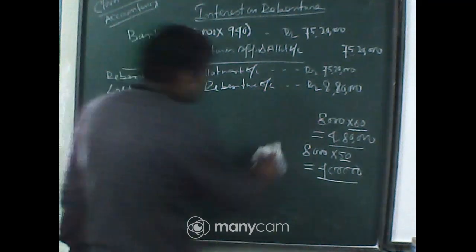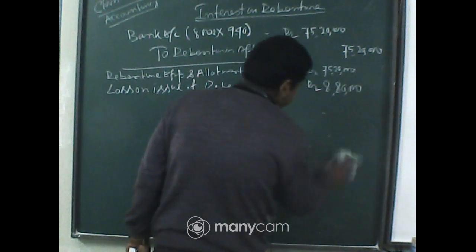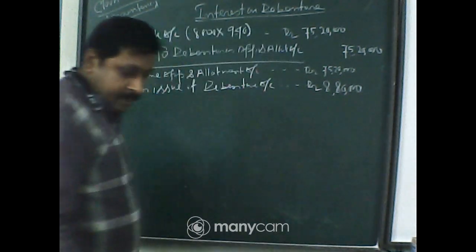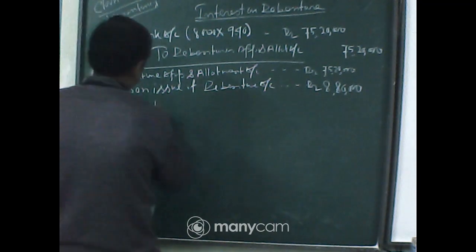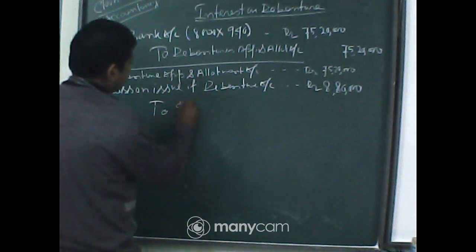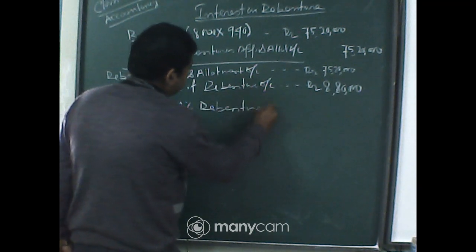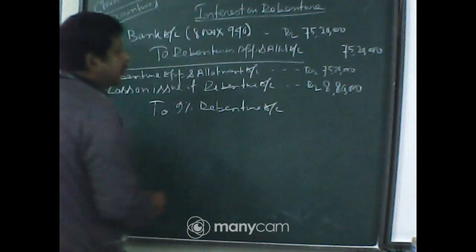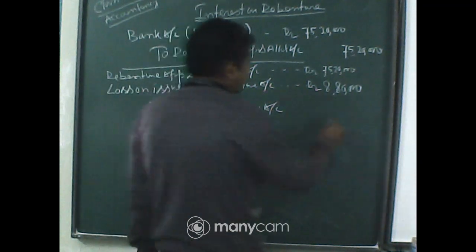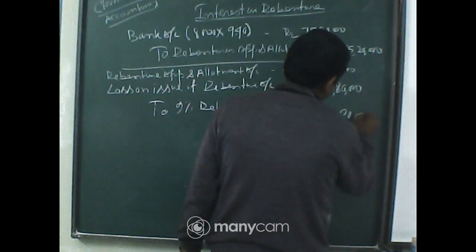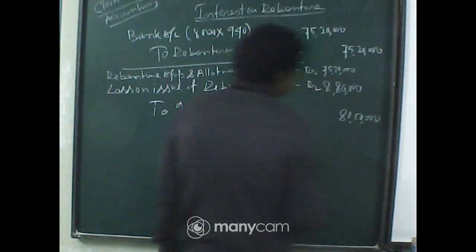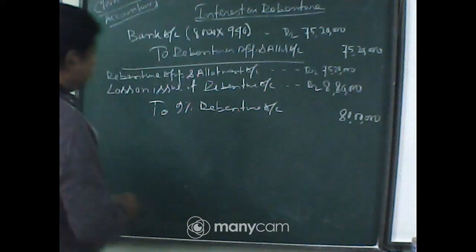Okay. Now come to the 9% debenture account. Here I am always saying you have to transfer the nominal value of the debenture, that is 80 lakh, that is 8,000 multiplied by 1,000.